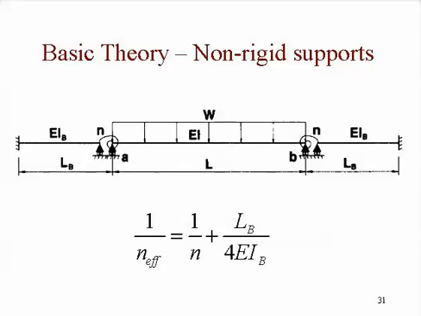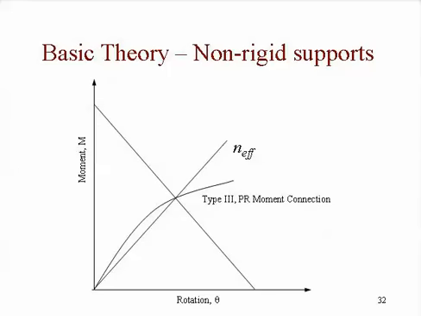And 1 over the effective spring stiffness is simply 1 over the actual spring stiffness plus the stiffness of this backspan, which if the back end is fixed, like here and over there, then it's the length of that backspan beam over 4EI of that backspan beam. Okay? So we can come up with an effective spring stiffness and then go right back to the same model that we had before and simply say that is our effective linear spring.